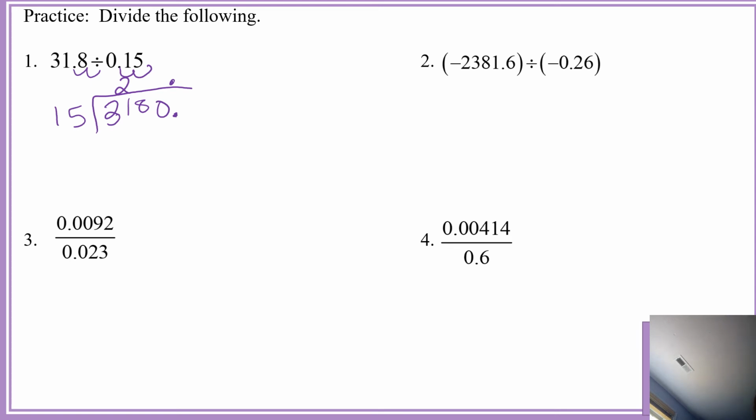Okay, so 15 goes in there twice. 15, so that's 30. Subtract, I have 1, bring down the 8. 15 goes into 18 once. Subtract, I have 3. 15 goes into 30 twice. Bring down the 0. 30 twice, and that's 30, and I have a 0. So 212 is my answer.